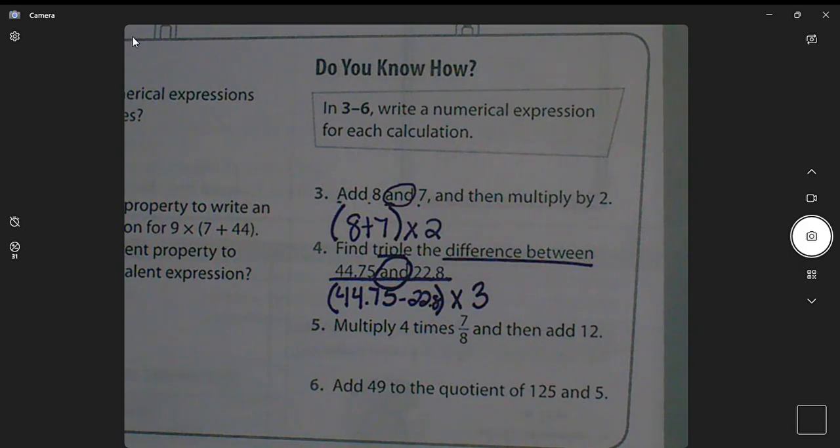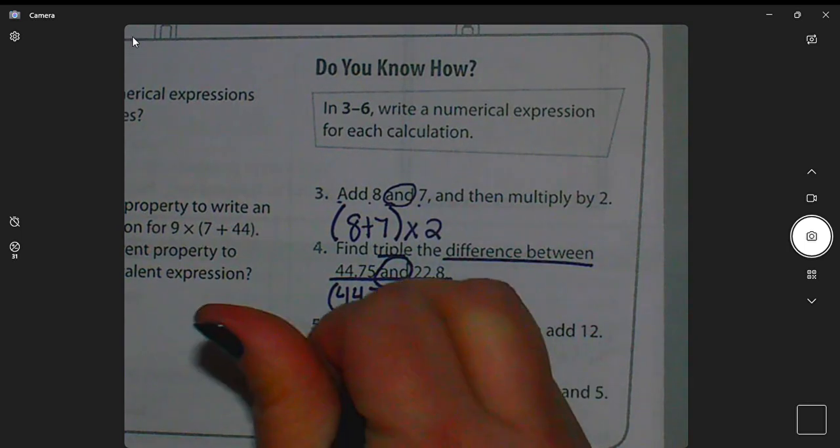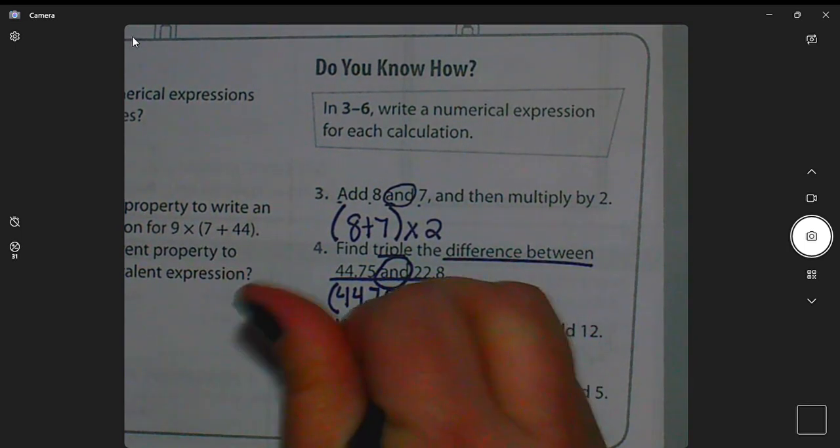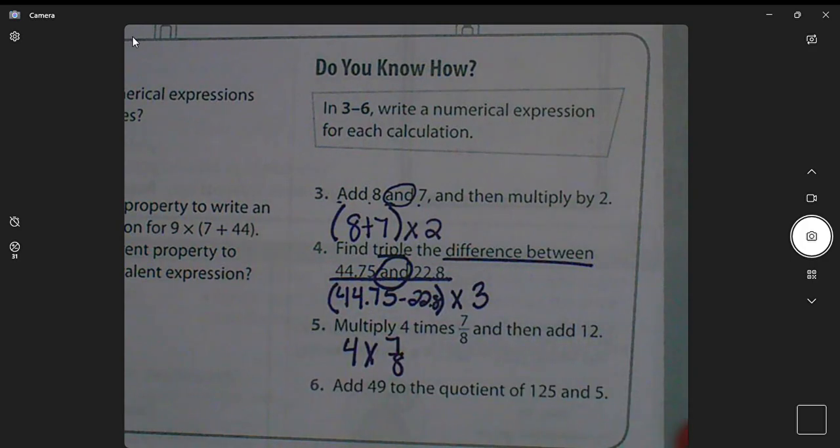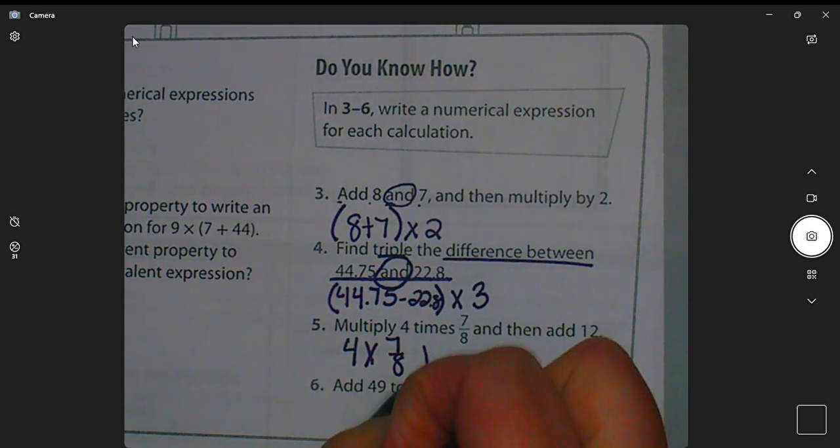Multiply 4 times 7/8 and then add 12. So, what problem did you hear? Okay. 4 times 7/8 plus 12.